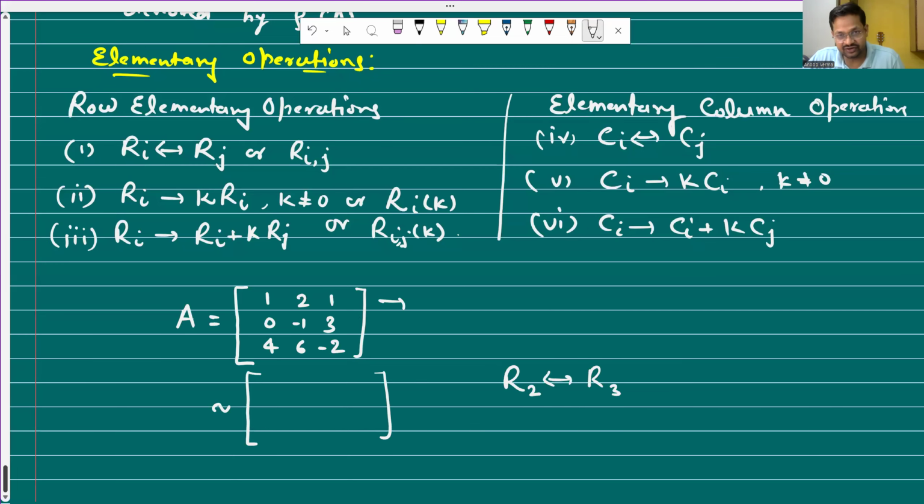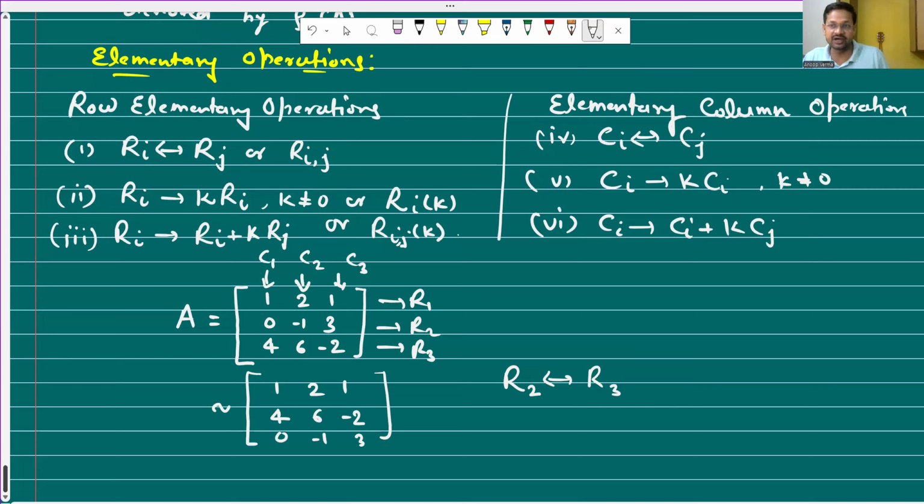R1, R2, R3 are the rows, and similarly this is column C1, this is C2, and this is the third column, C3. So now we are interchanging the second row with the third one. The first row will remain the same, and R3 takes the position of R2. So this will be 4, 6, minus 2, and this is 0, minus 1, 3. Now this matrix is different from the previous one.